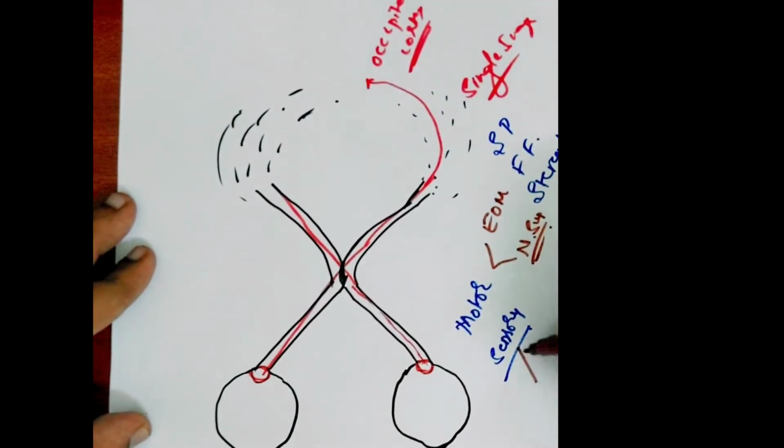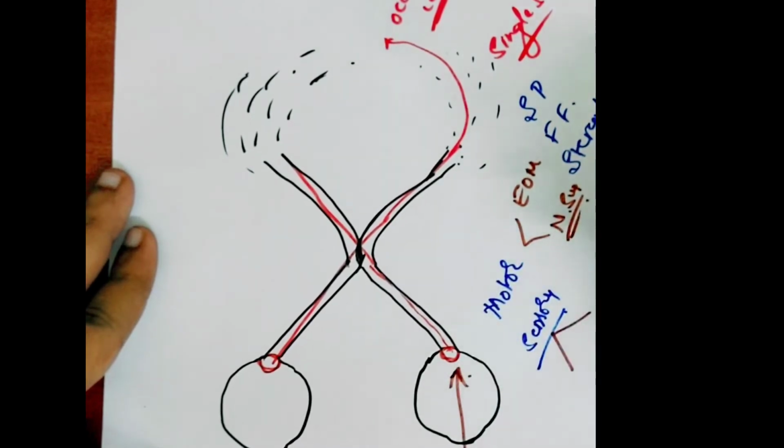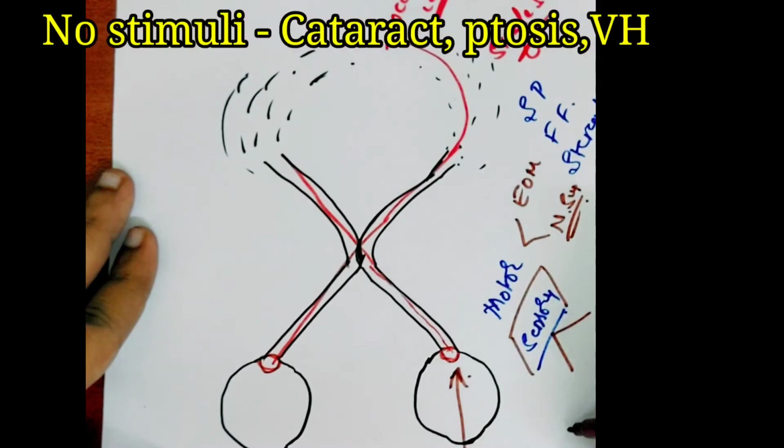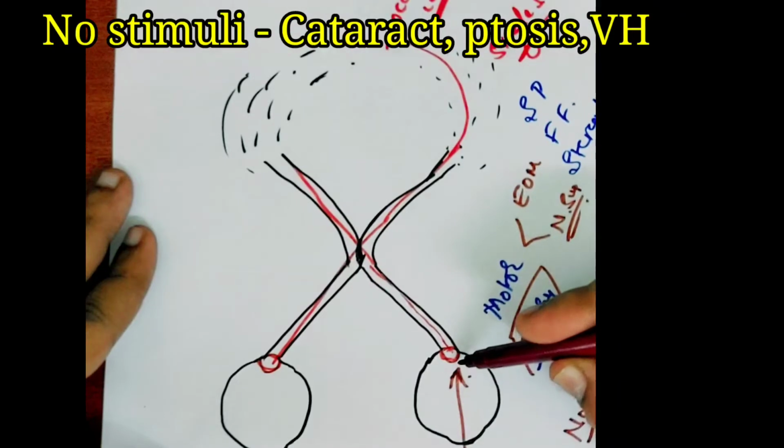The sensory component means the visual input given to the retina. There can be two problems in the sensory system. Either there is no stimulus at all, like in cataract, complete ptosis, or vitreous hemorrhage, where the stimulus is not reaching the retina.